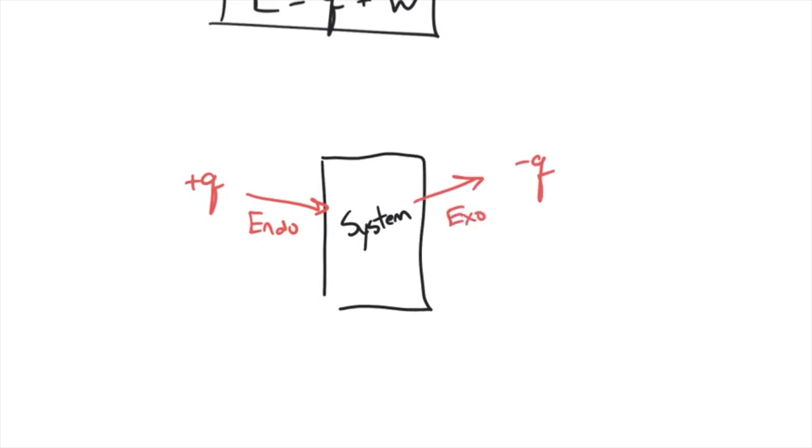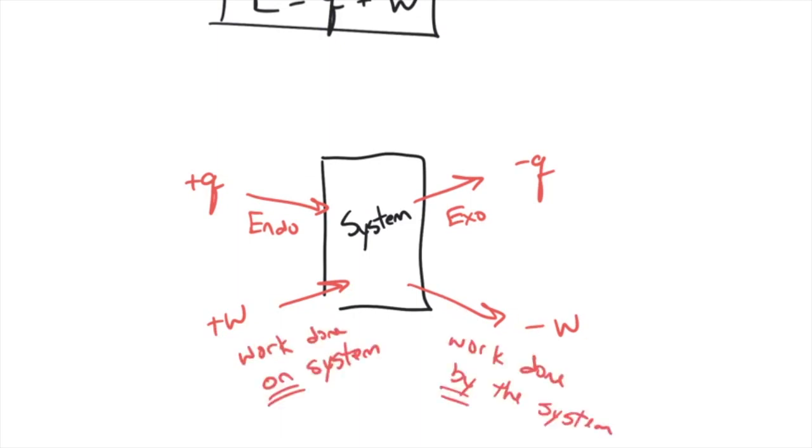These two concepts are things that you probably remember from last year or in your previous chemistry courses. Energy absorbed by the system is endothermic. If energy is released from the system, it is exothermic. But we also need to now consider work being done on the system or work being done by the system. So we'll call this positive W and negative W. Positive means work done on the system, and negative means work done by the system.